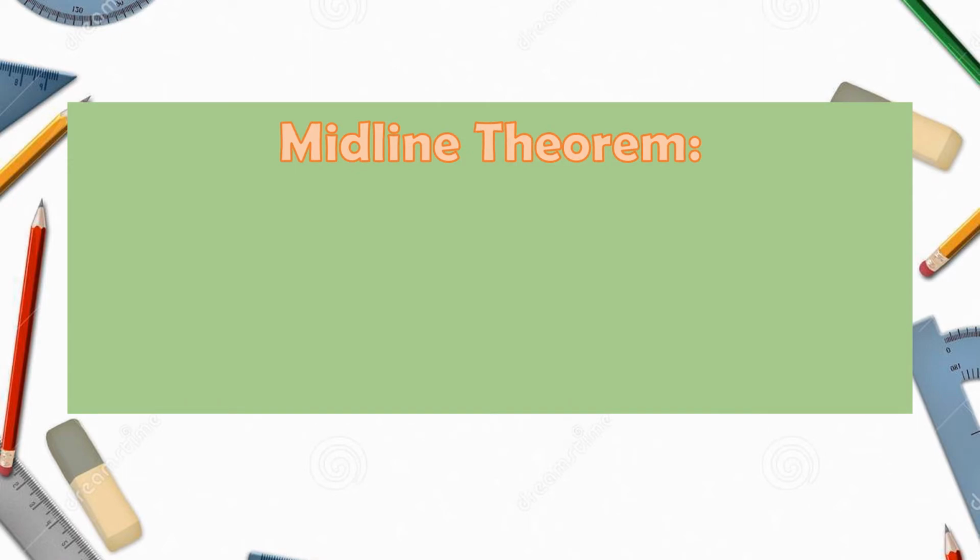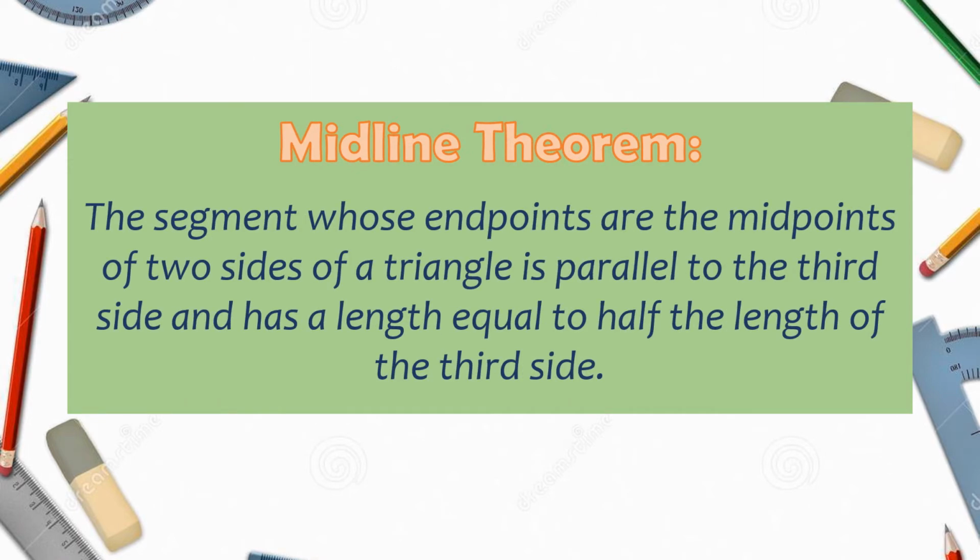The midline theorem. The segment whose endpoints are the midpoints of two sides of a triangle is parallel to the third side and has a length equal to half the length of the third side. Ibig sabihin, meron tayong midpoints. Ano ba ang midpoints? Sila yung gitnang point na kung saan hahati sa line segment into two equal parts.